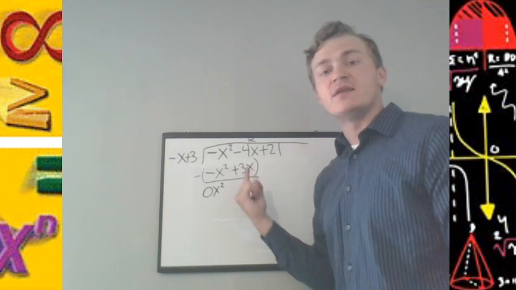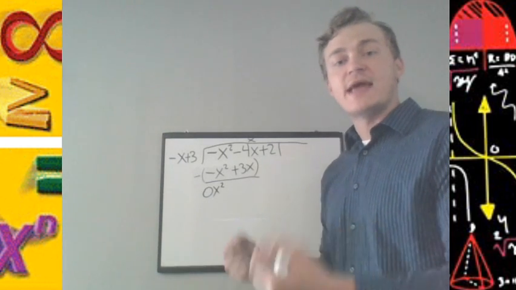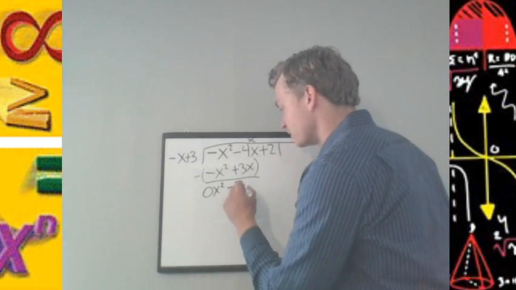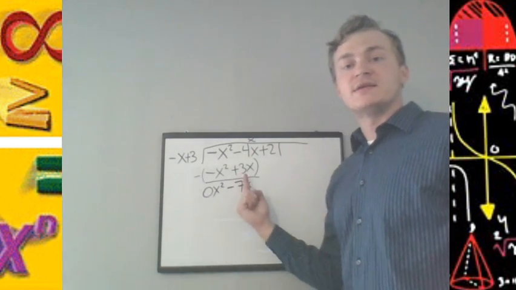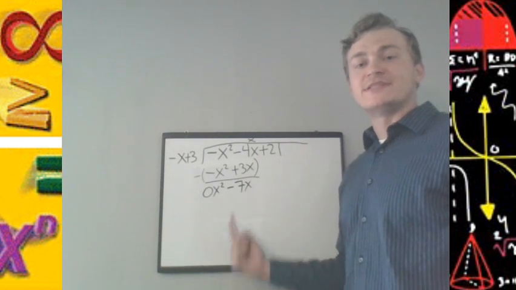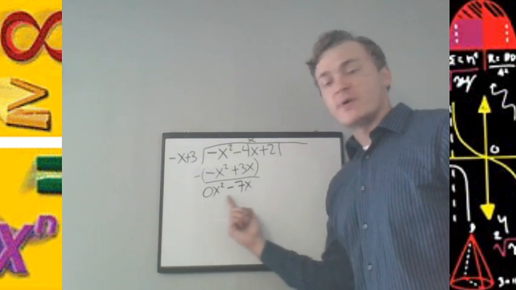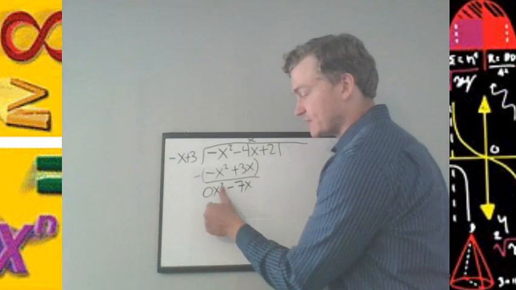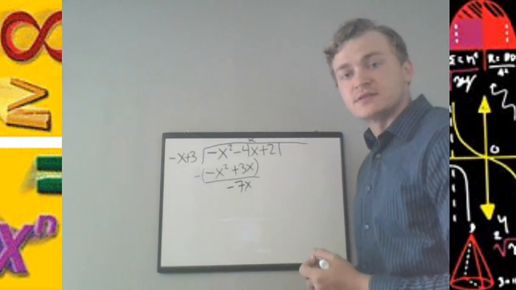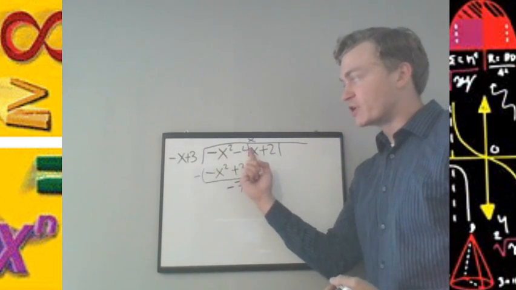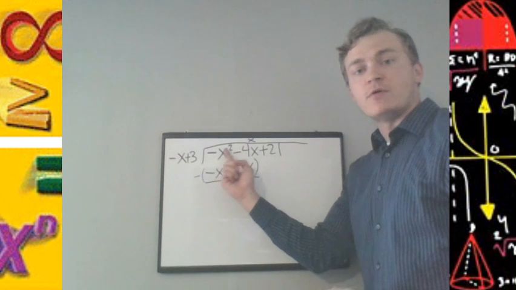When you combine negative 3x with negative 4x, you get negative 7x. Again, as we see, negative 4 minus positive 3, negative 4 minus 3 is negative 7. 0x squared minus 7x, we will simply write this as minus 7x. And so we use these two terms here in our dividend.